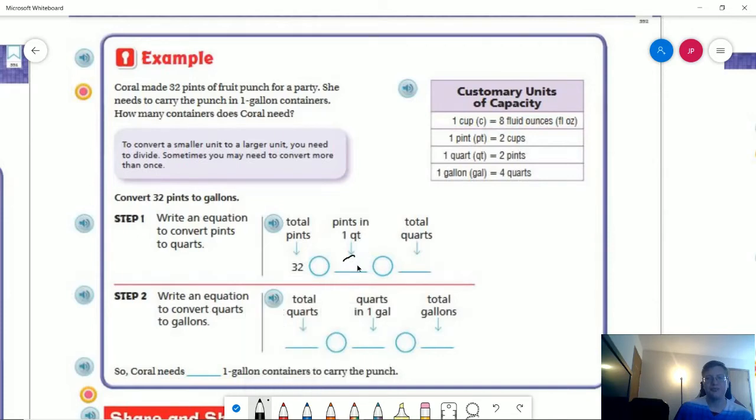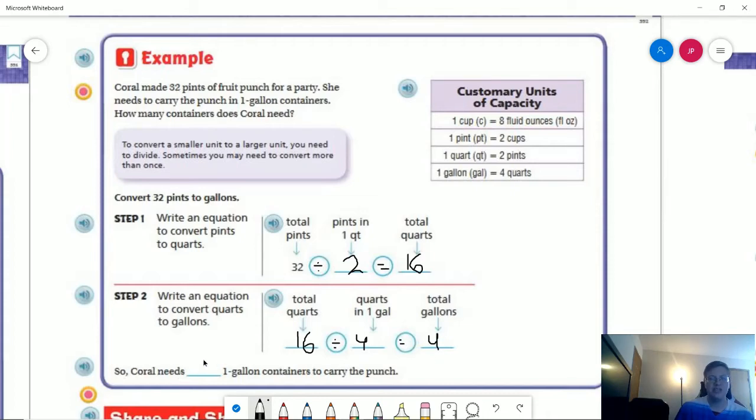I'm going to do my division sign here, an equal sign here, and that should give us 16 quarts. We are going to convert our quarts now to gallons, and there are 4 quarts in 1 gallon. So I'm going to do 16 divided by 4 equals 4.